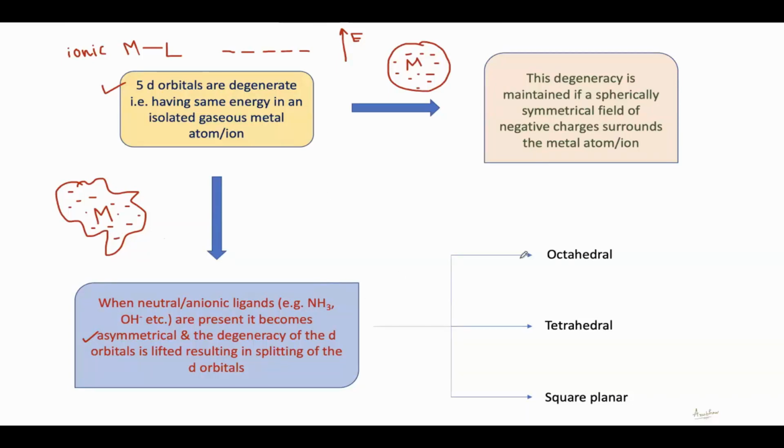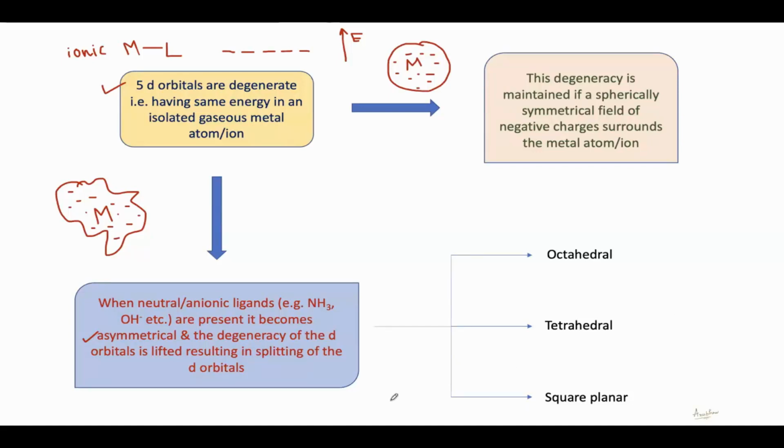We have three such scenarios mainly: octahedral, tetrahedral, and square planar. These are the three main crystal fields that we'll be discussing. Depending upon the nature or the number of the ligands, the spherical field around the metal ion will be distorted, and then the lifting of degeneracy will take place and the d orbitals will be split.